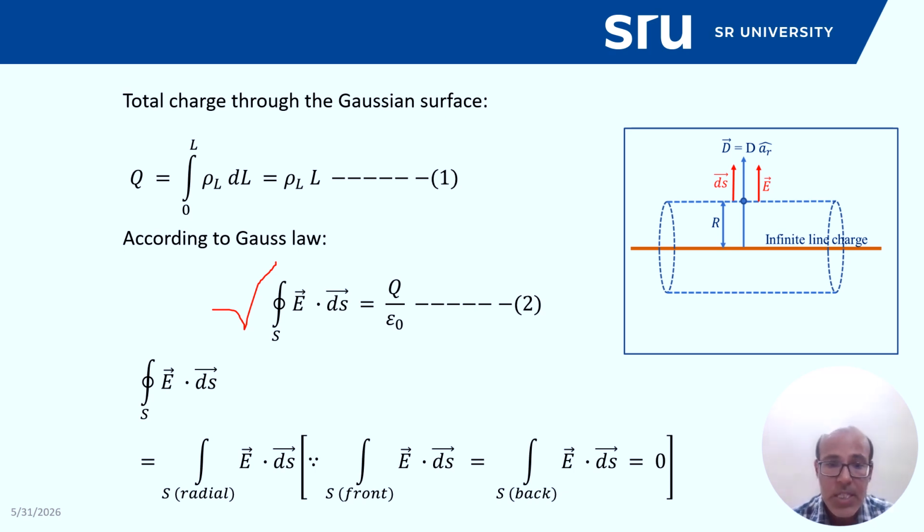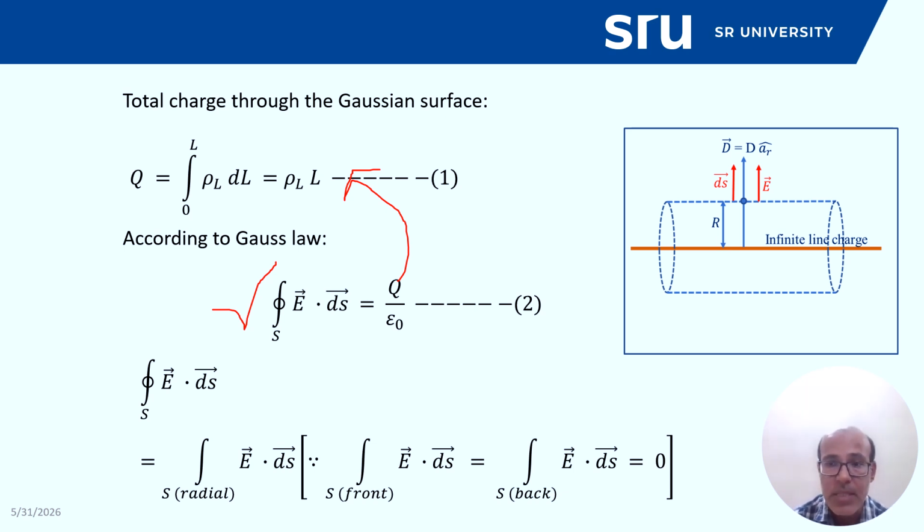In the point charge case, the charge was Q. But here it is a line charge, therefore we have to convert Q in terms of rho L, the line charge. We can't directly write Q because it's not an isolated point charge, but a one-dimensional charge. So the logic is the same.